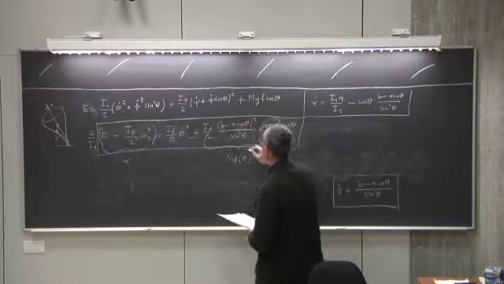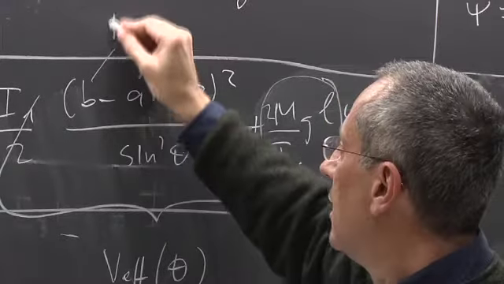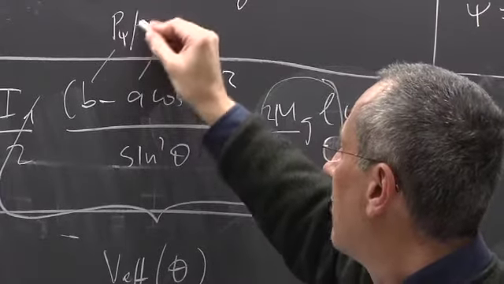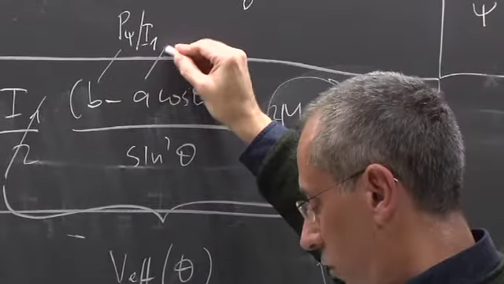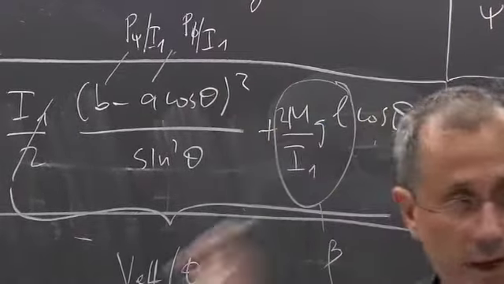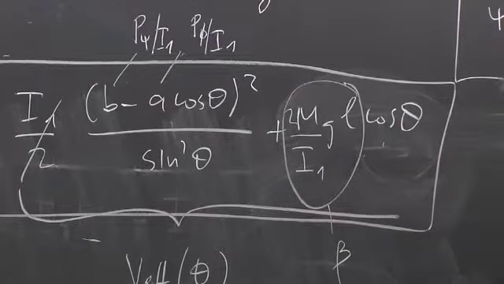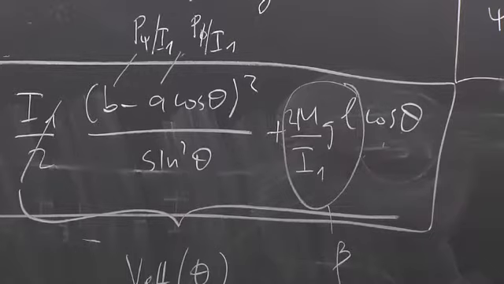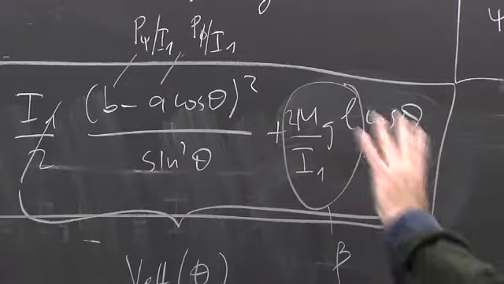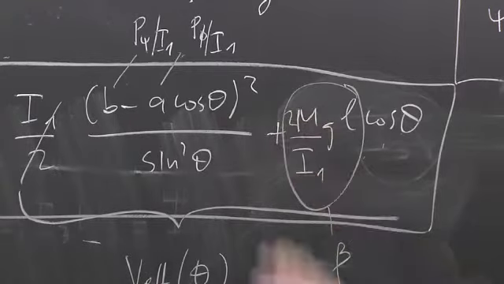And you remember that A and B, those were p psi divided by I, and this was p phi divided by I. You already have that, it was two blackboards ago. So I gave names to all the constants.